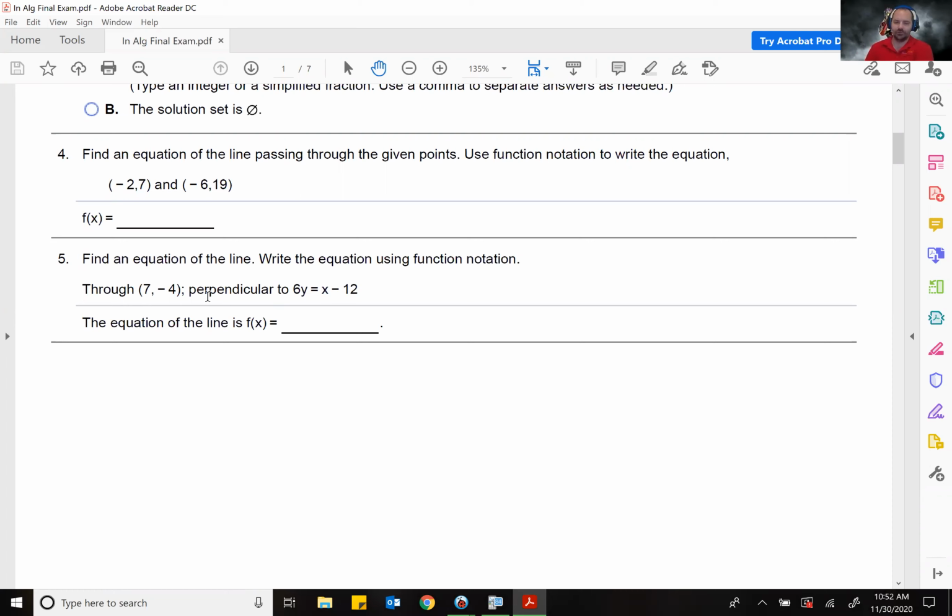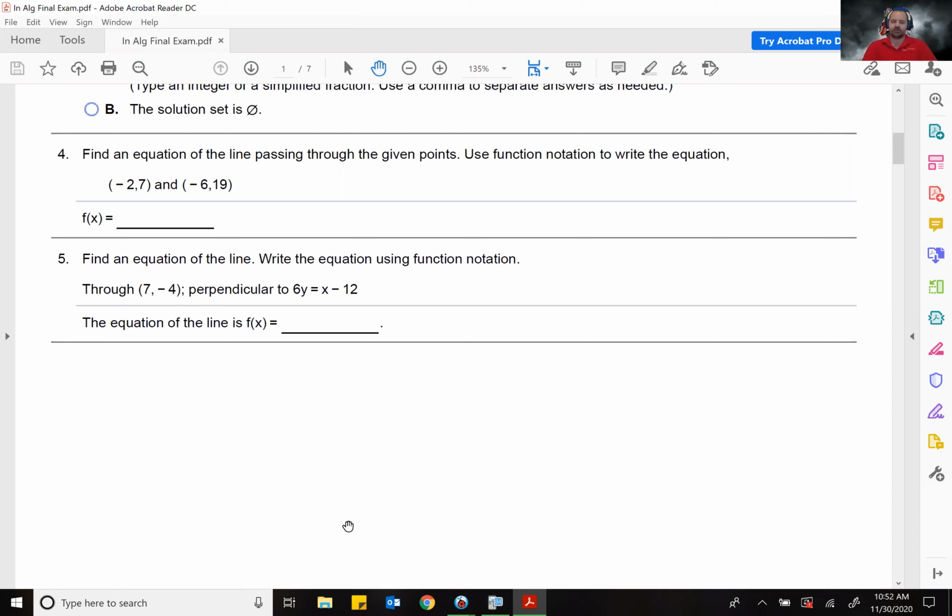Under line 2 goes the point. So here's our point: 7, -4. And that's my setup. The rest of the information that's up there is junk. It's all fluff and stuff.